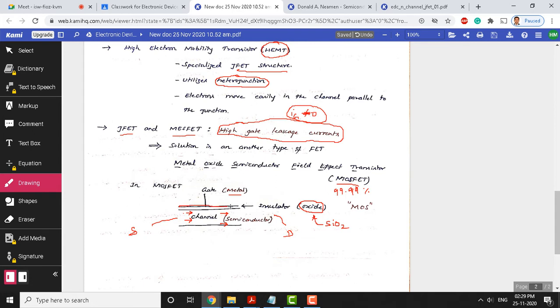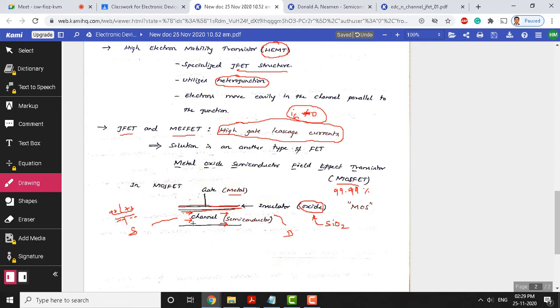Once again, this gate will act like one plate of a capacitance. The channel below will act like the other plate, and the positive voltage applied to the gate induces negative charge in the channel, and this enhances the conductivity within the channel, and you get more current because of the potential we apply.